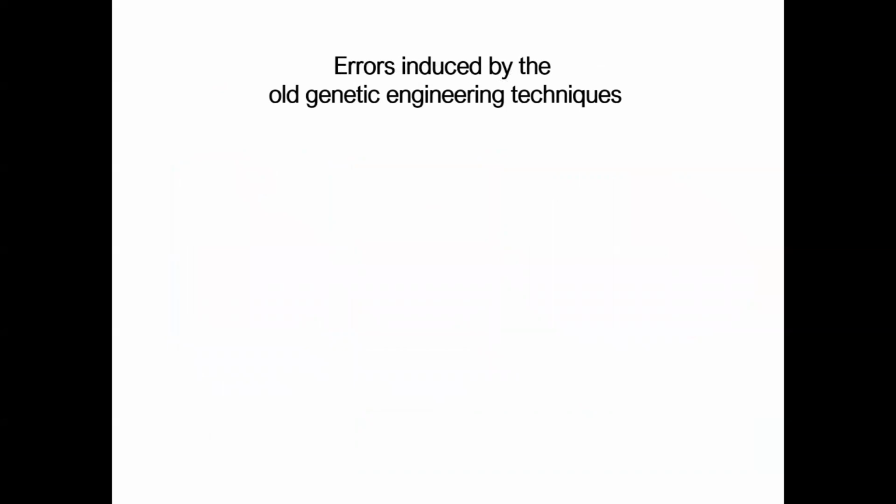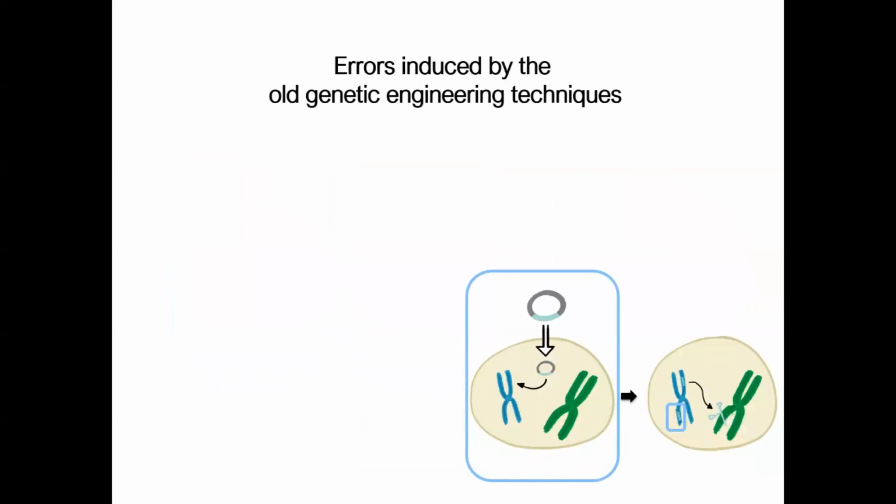First, I will talk about errors induced by the application of old genetic engineering techniques. During integration of the DNA sequences, the DNA of the gene scissors can, for example, be inserted multiple times in the genome. The figure below exemplifies this. The gene scissors DNA is incorporated twice into the blue chromosome.